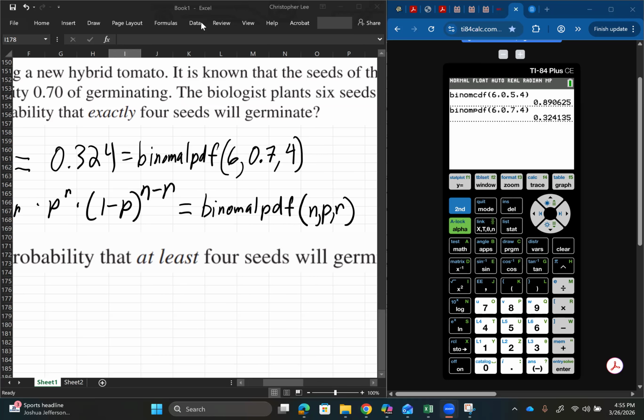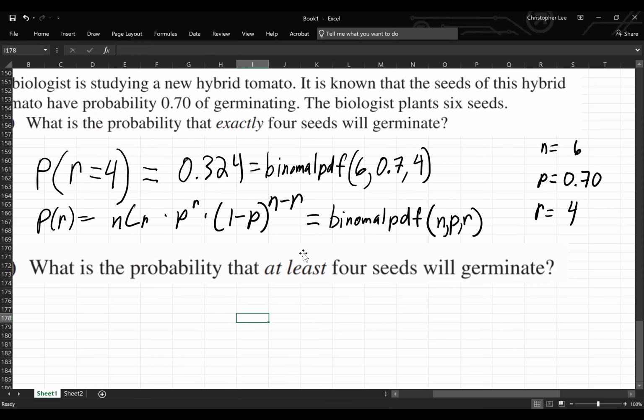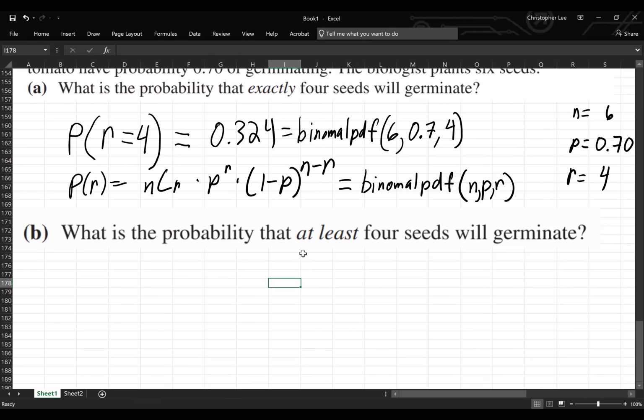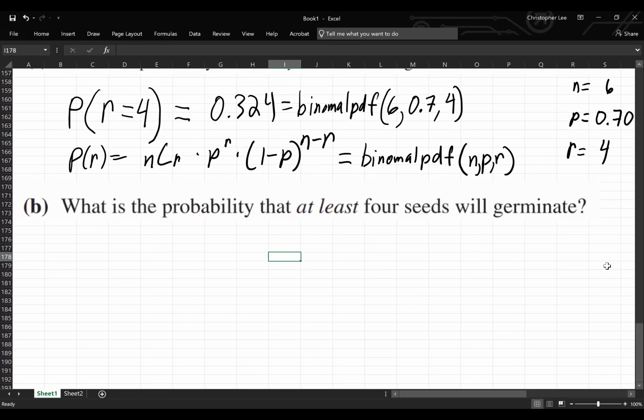So when am I going to use PDF and when am I going to use CDF? PDF is for R equals. CDF is for R less than or equal to. This one's asking, what's the probability that at least 4 seeds will germinate?